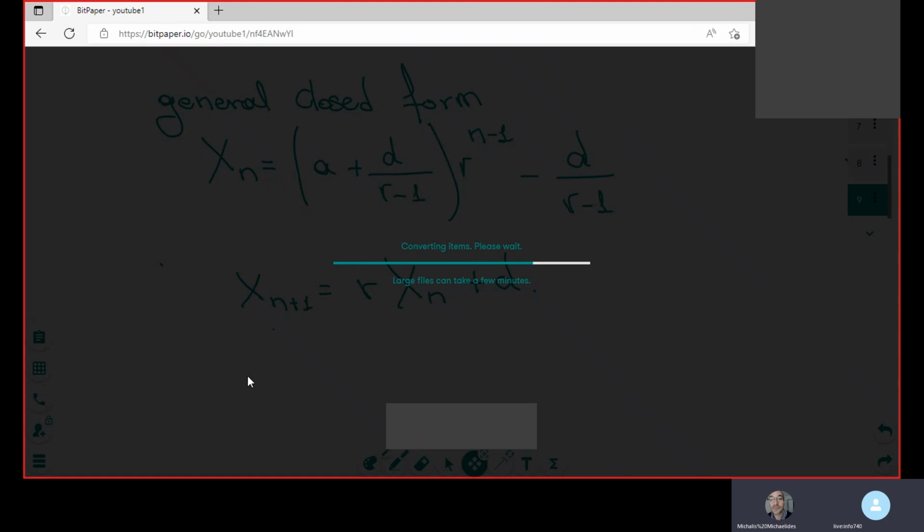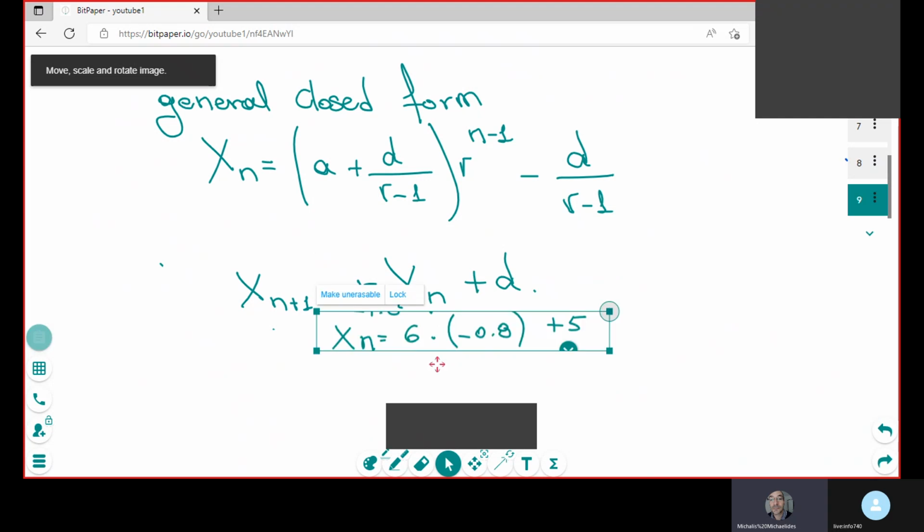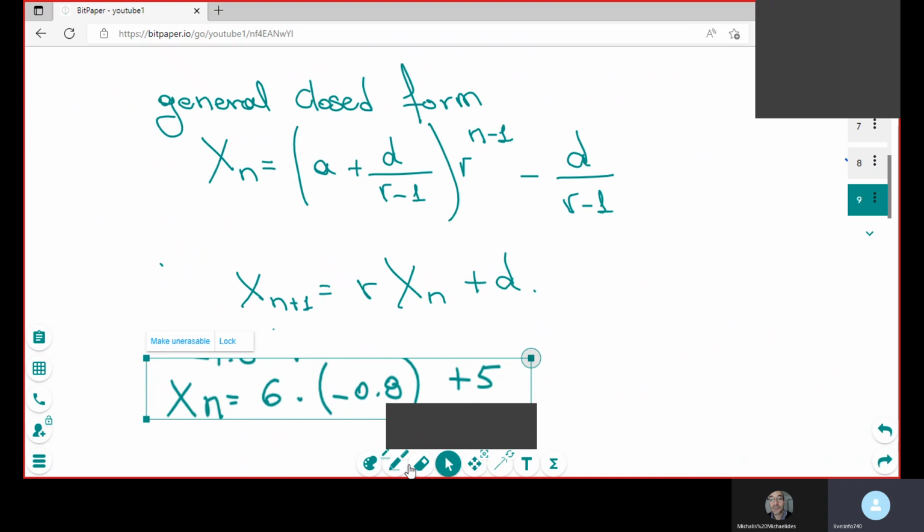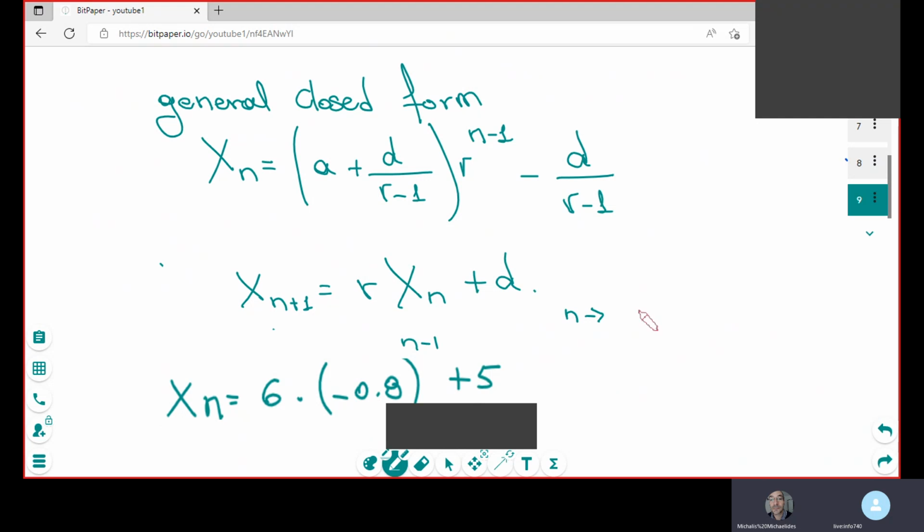Because we found the closed form, this is 6 times minus 0.8 to the power of n minus 1. And if n goes to infinity, you expect the bracket, because its size is less than 1, to go to very, very small numbers, which is almost 0.